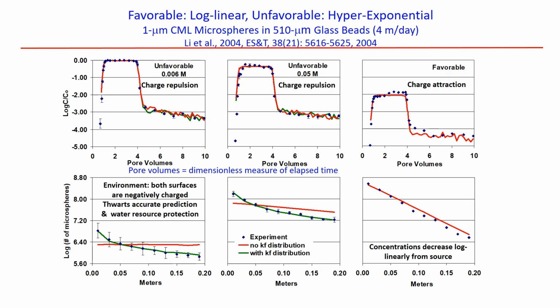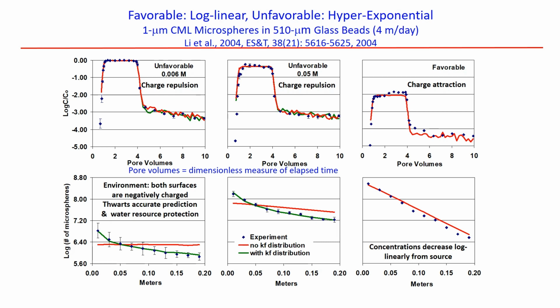To match the experiments, we have to simulate with a decreasing KF. That is, the population becomes less prone to attachment as it moves through the media, which is a very important challenge for water resource protection and prediction for the purpose of remediation.